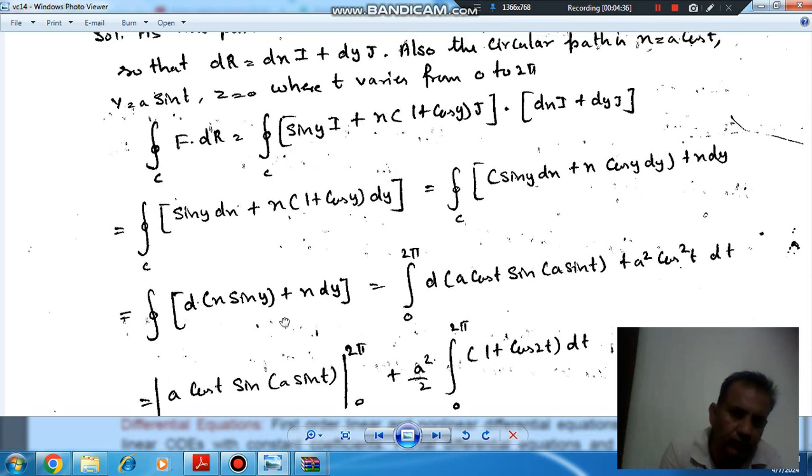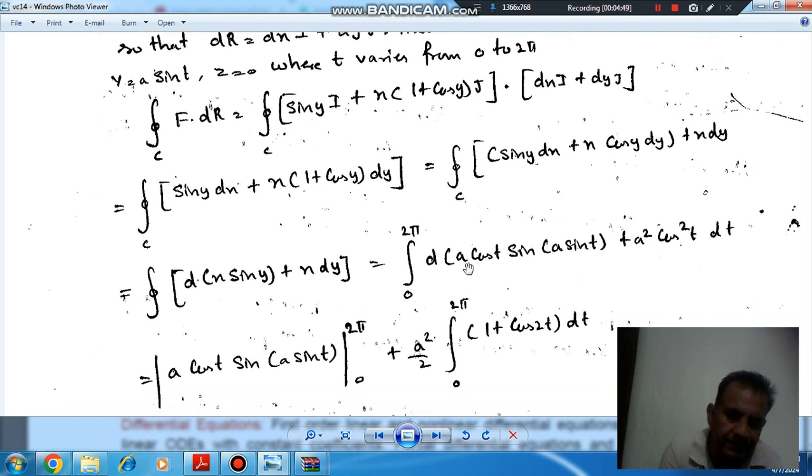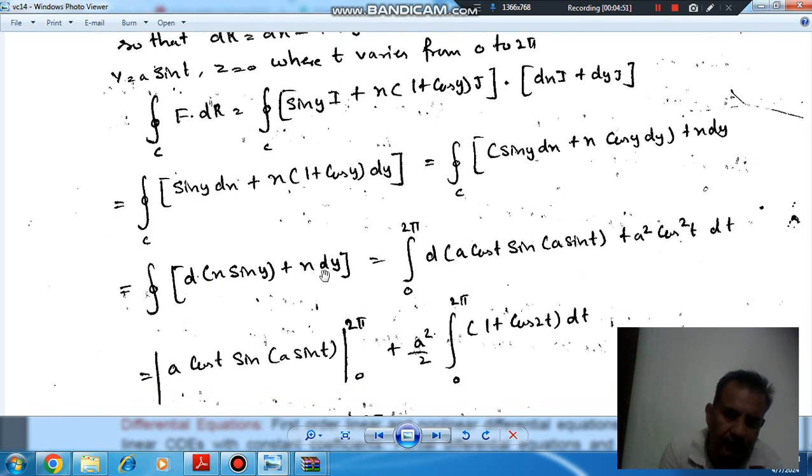Okay, so now we can substitute x and y and change and take the limit 0 to pi in terms of t. So x is your a cos t, y is your a sin t. And here again it is a cos t.